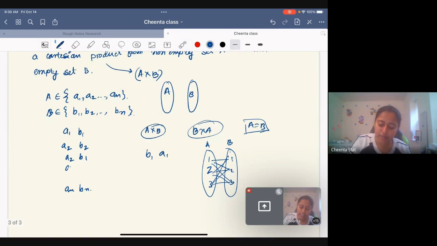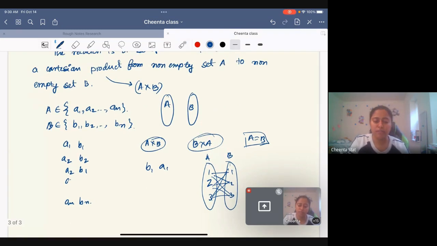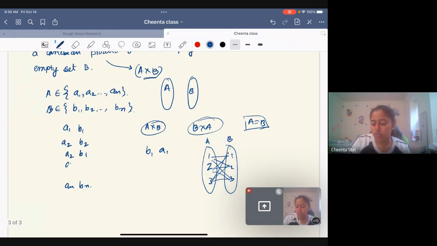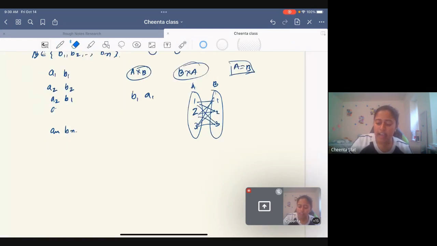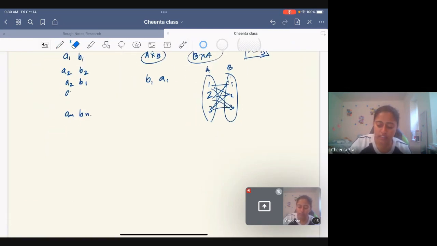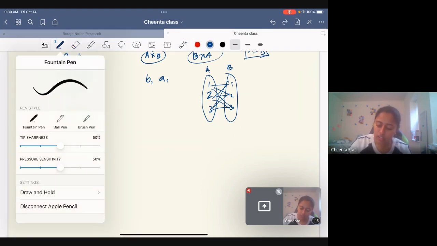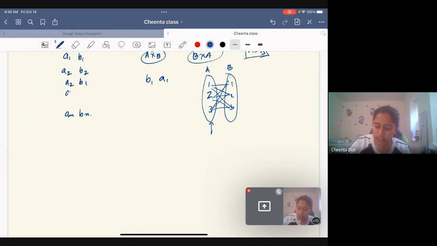It's very clear that a relation is a Cartesian product from non-empty set A to non-empty set B. Of course, as it is an ordered pair, this is the domain. Domain means the support, what values this A can take.